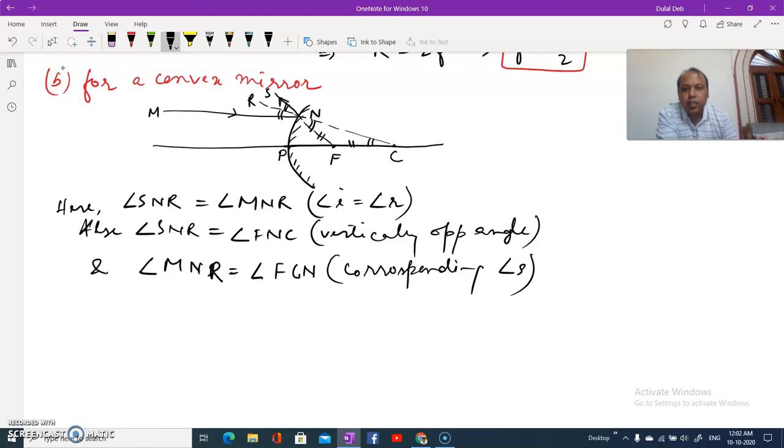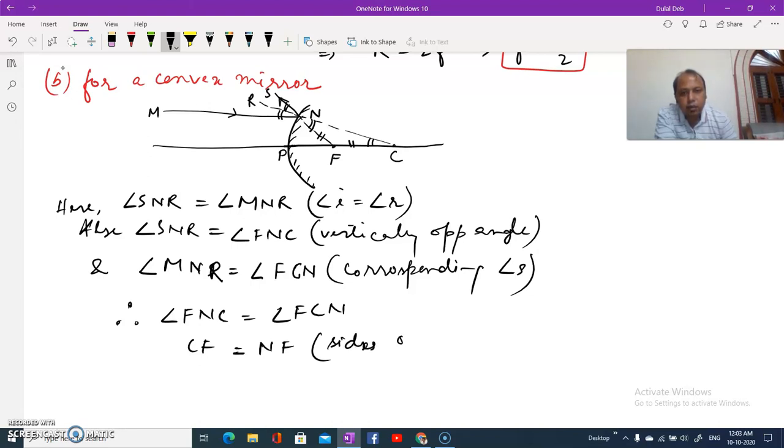So we can see here from the first equation, angle SNR and angle MNR can be written in the second and the third equation. Therefore we can hence write angle FNC is equal to angle FCN. So if these two angles are equal, their opposite sides, that is CF, is equal to NF. The reason being, sides opposite to equal angles are equal.